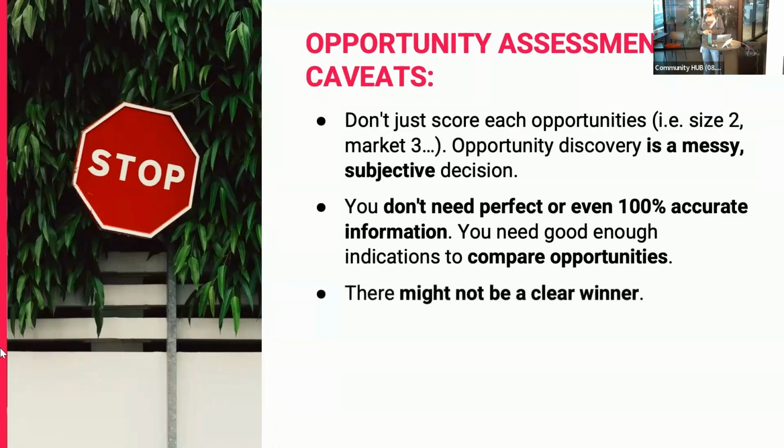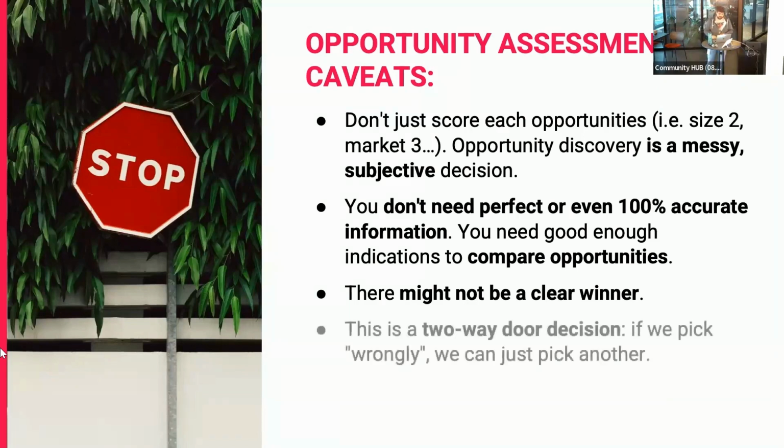And most important of all, and that's why it's a bit of art, there might not be a clear winner. You can have one opportunity that is better for market factor, another opportunity that's better for customer factor, another opportunity that is bigger in terms of opportunity sizing. What do you do? Make the damn decision, because this is a two-way door decision.